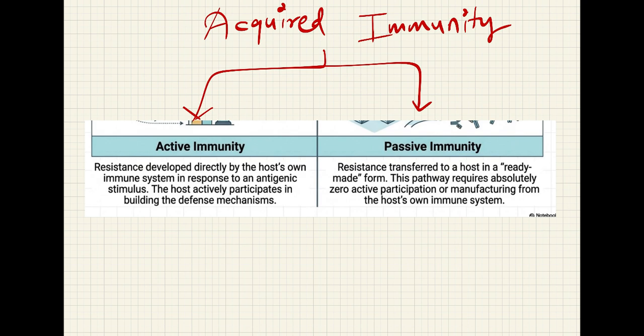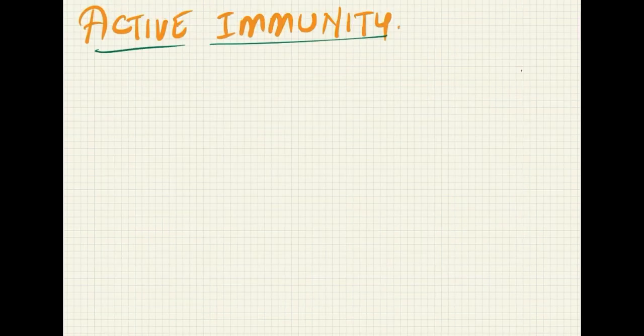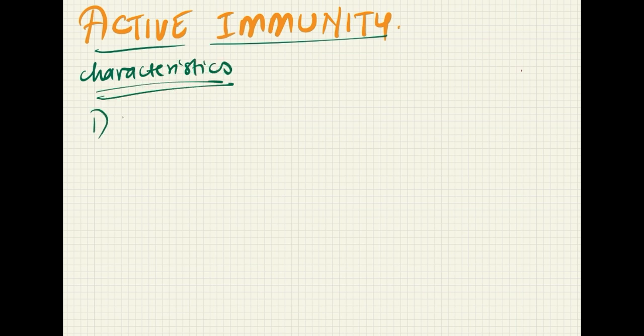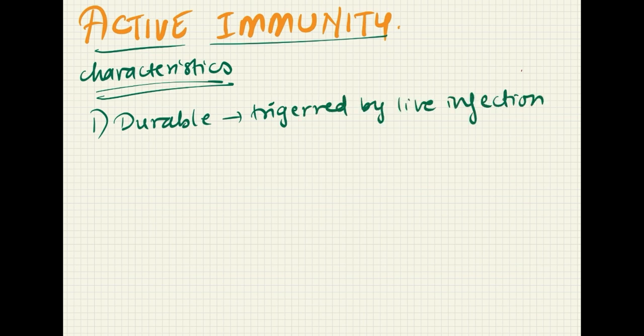Resistance is transferred to the host in a ready-made form, requiring absolutely zero active participation or manufacturing from the host's own immune system. What is truly remarkable about active immunity is its sheer durability. Whether it's triggered naturally by a live clinical infection or artificially by a vaccination, the system properties are identical.